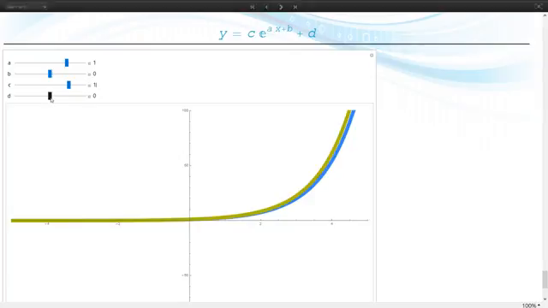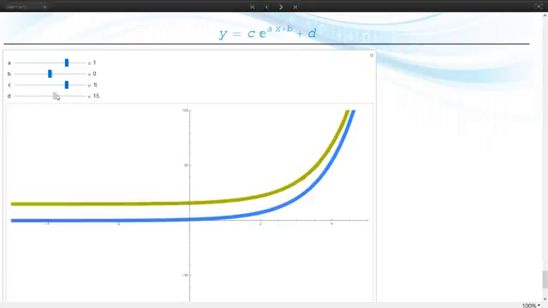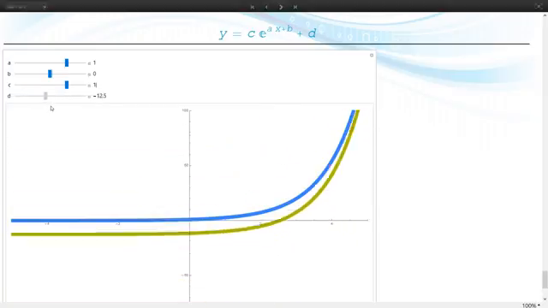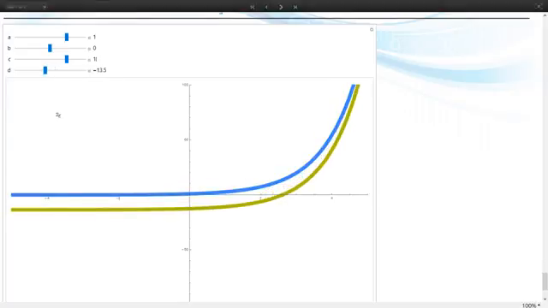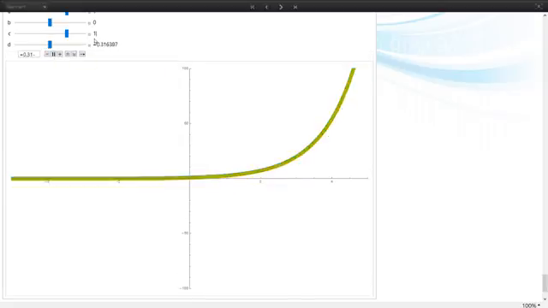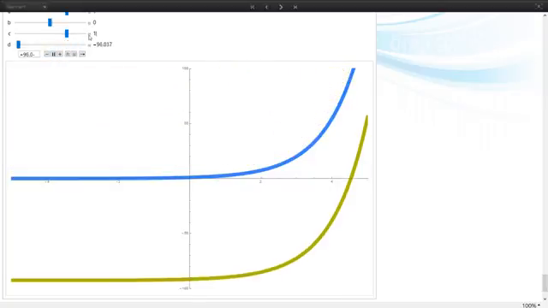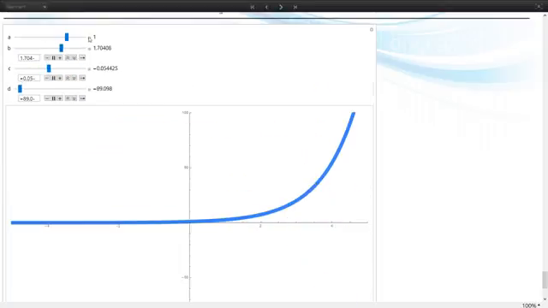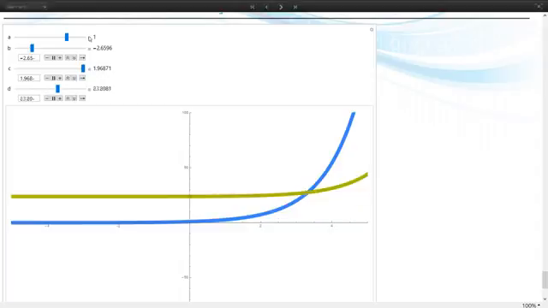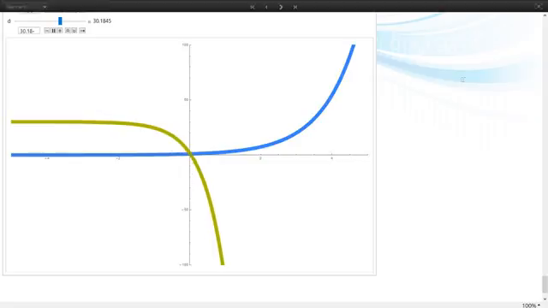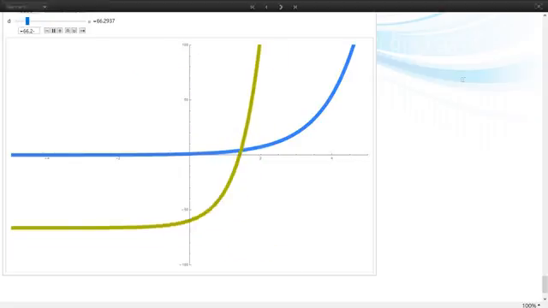And D is a constant on the outside of the e to the x function, so it produces vertical translations. They're kind of fun to watch. Let's turn on all of the automatic playbacks for a moment and just watch the graph change. It's really cool.